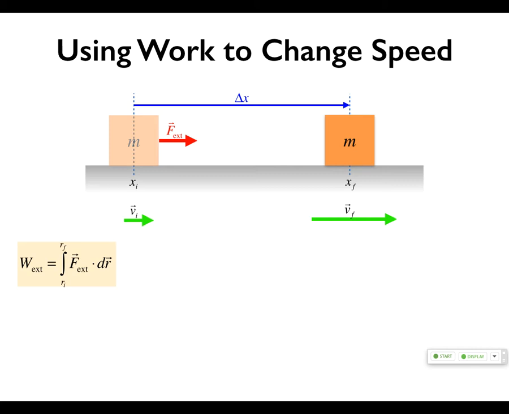We have dv/dx, dx/dt, and then we still have dx. So let's pull out the dv, and we end up with m, and we have dx/dt dv.